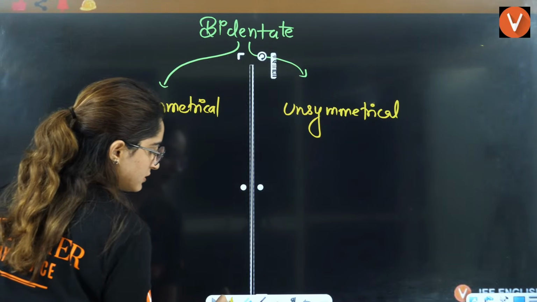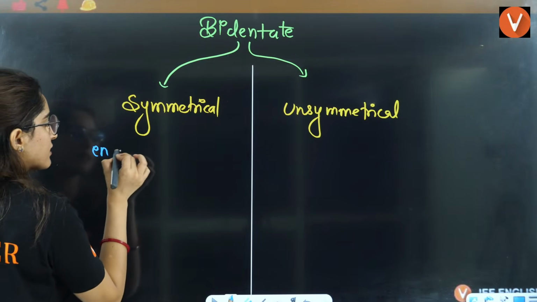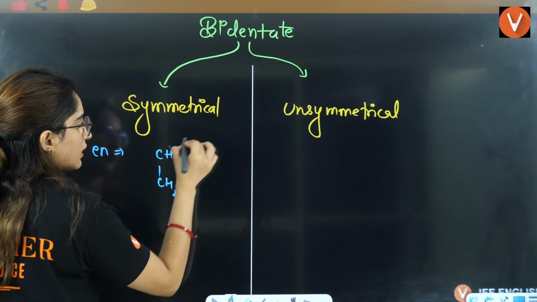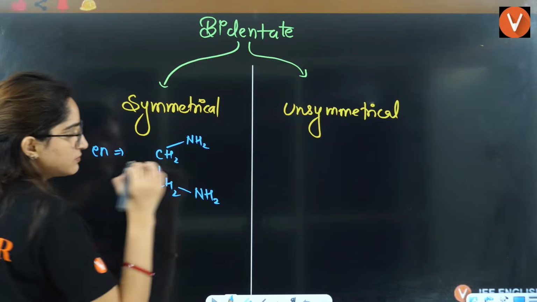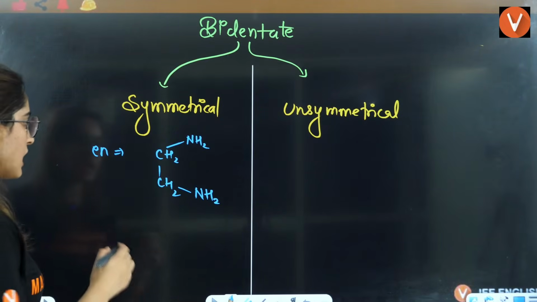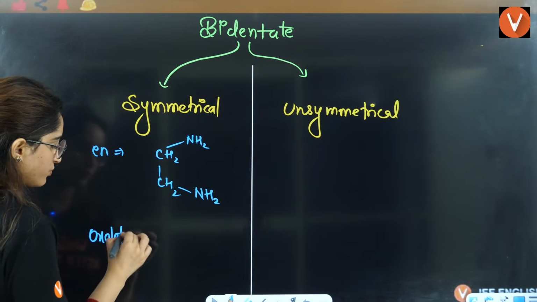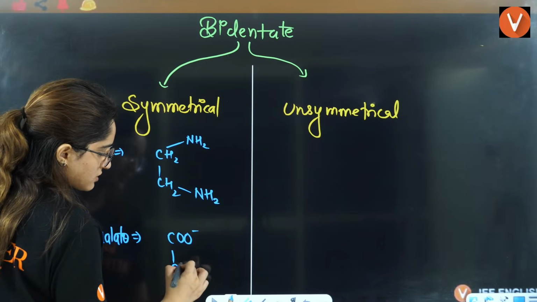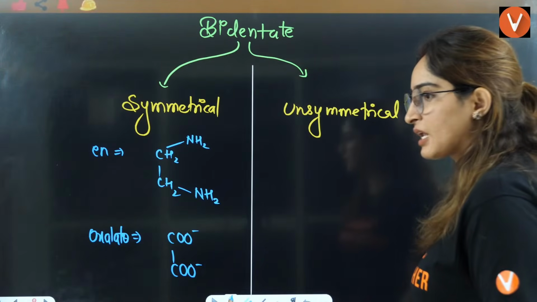For example, you must have seen en, that is nothing but CH2, CH2, NH2. Can you see this is exactly similar, like symmetrical? For example, you have oxalato, which is COO negative, COO negative. Can you see these are symmetrical?